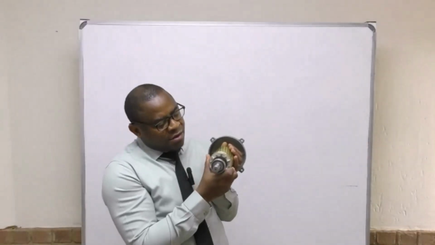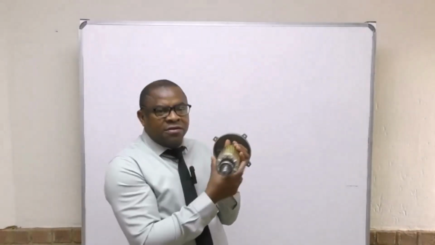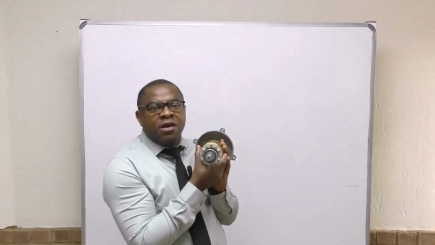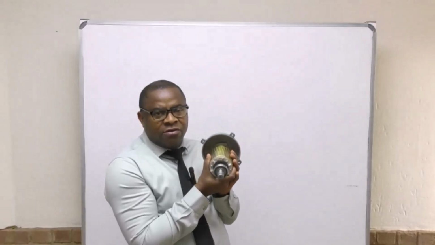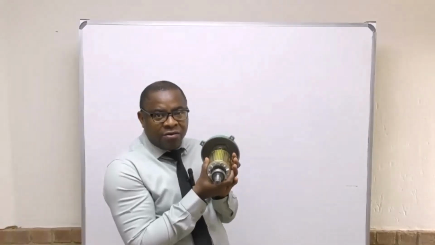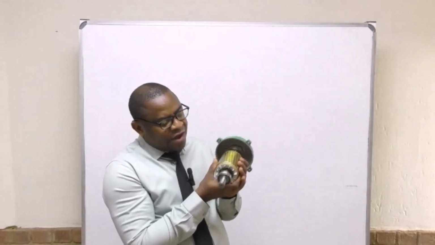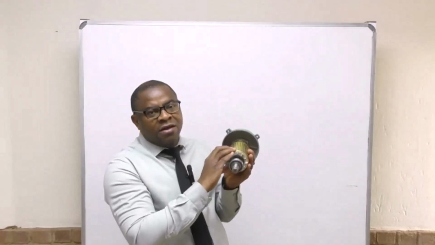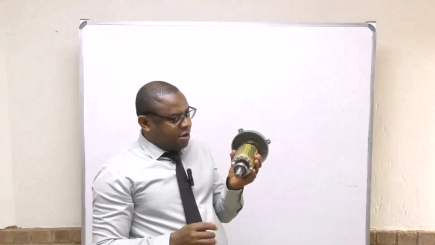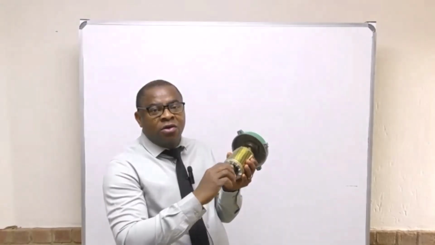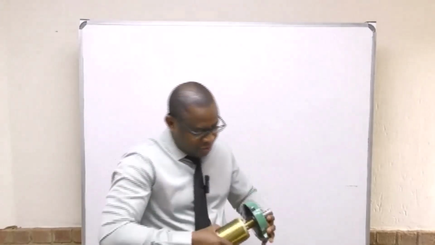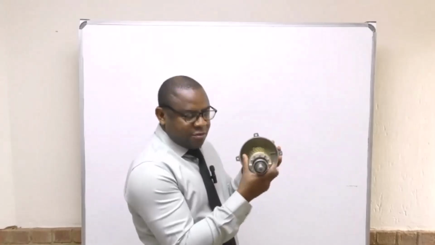Now, because these are copper bars, there's going to be a copper loss also, which is I squared R loss. If I remove the losses here, the remaining power is what is going to be used to turn this.